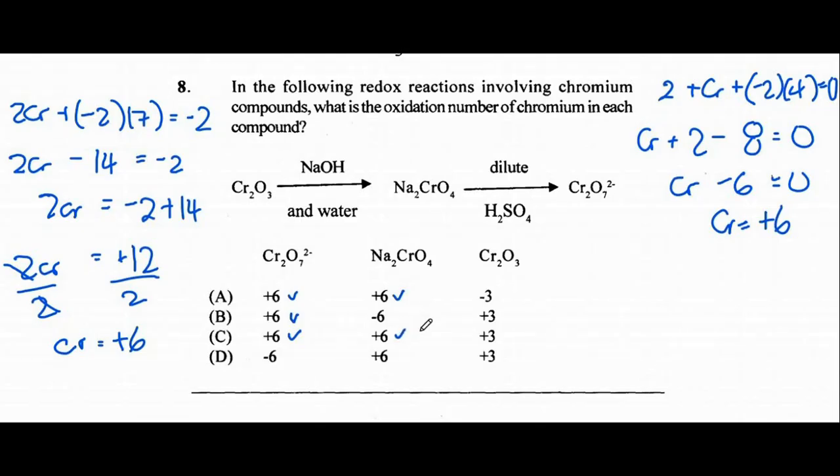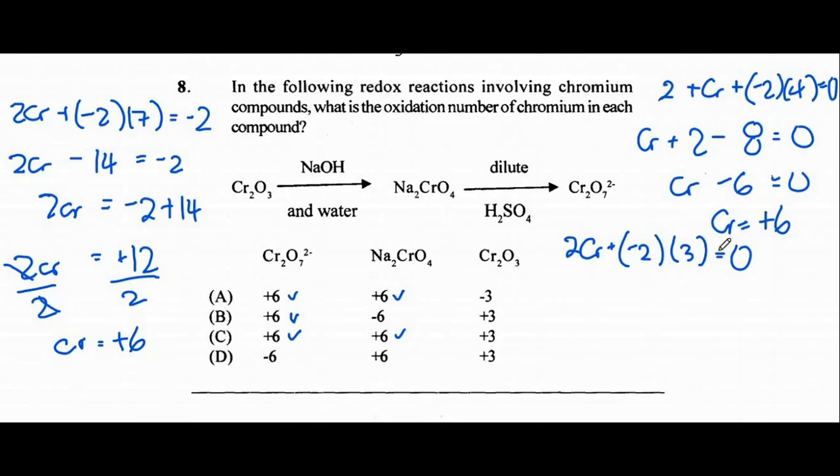Now let's look at Cr2O3. Now we have 2 Crs, and we add the -2 for the 3 oxygens. 3 twos is 6, and the overall charge again is 0. You see there's no charge here, so it's 0.